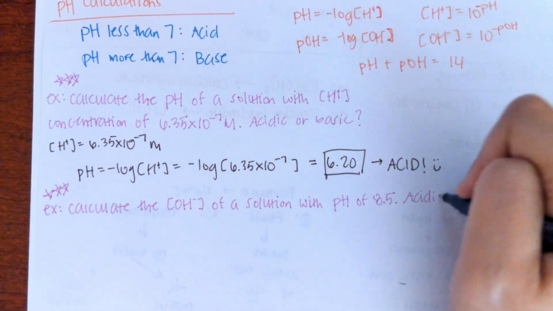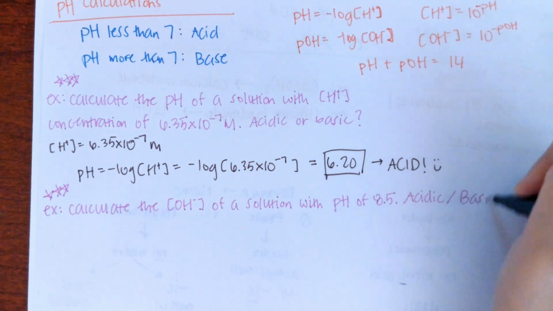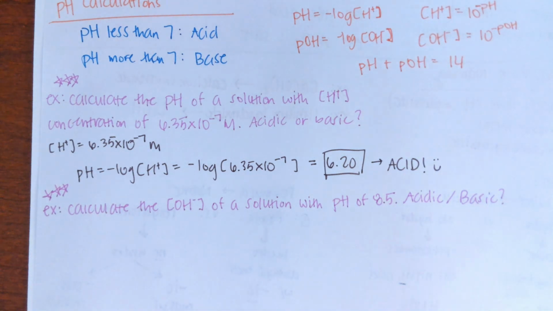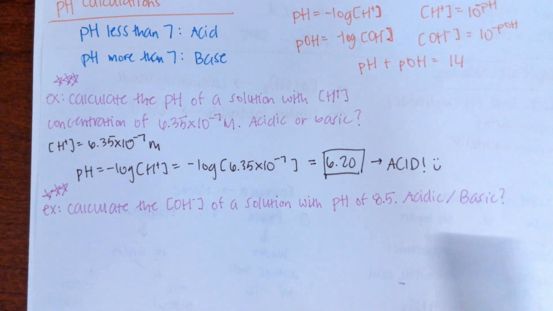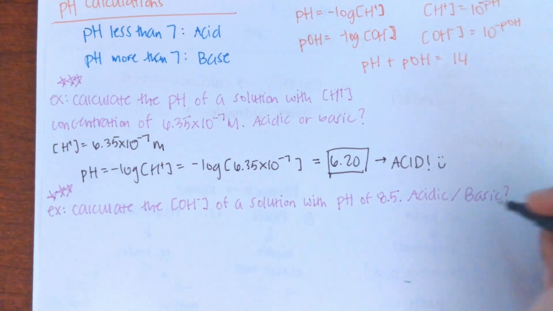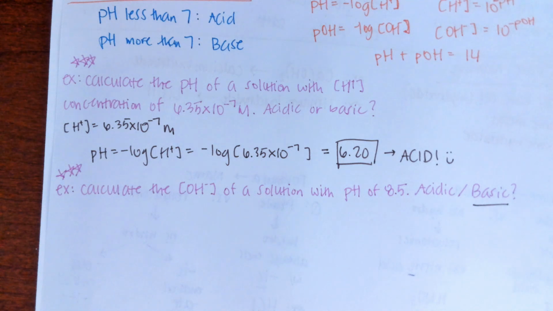Is it acidic or basic? Now, you can already answer that second part because you already are given the pH. So, it is basic because it's more than 7.